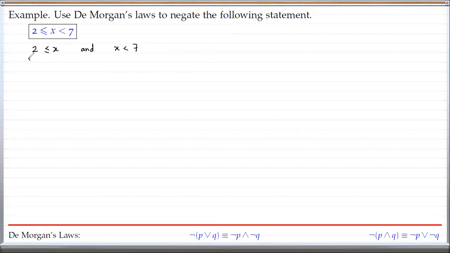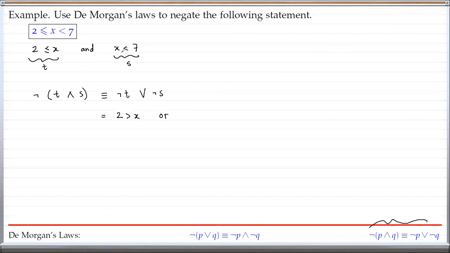Let's denote the first one by T and the second one by S. So here we are trying to find the negation of T and S. Again, applying De Morgan's law, this one over here, we get not T or not S. Not T is the negation of "X is greater than or equal to 2," and its negation will be "2 is greater than X."